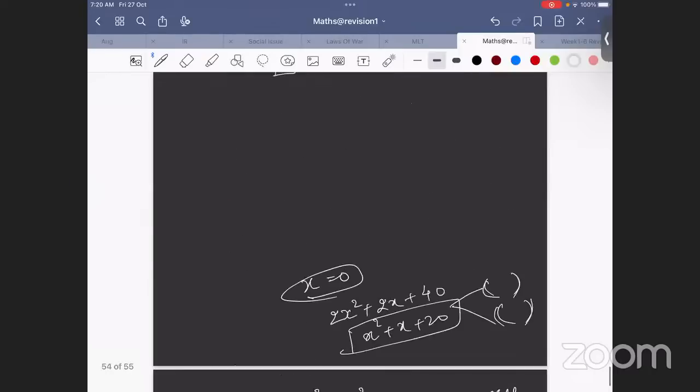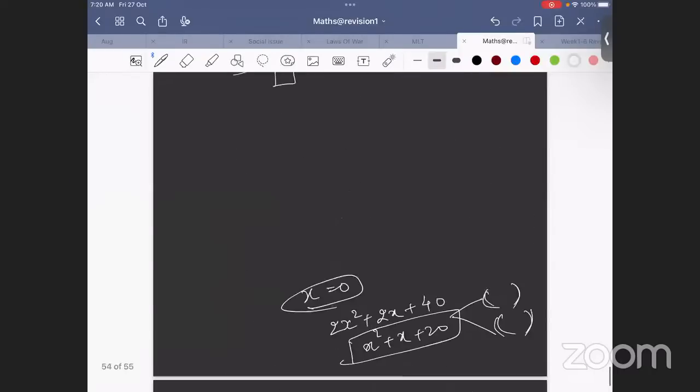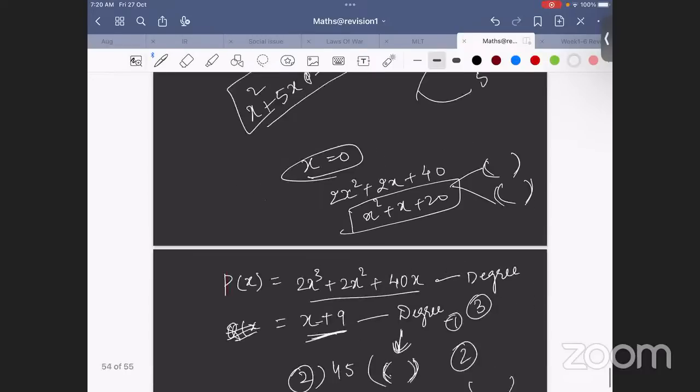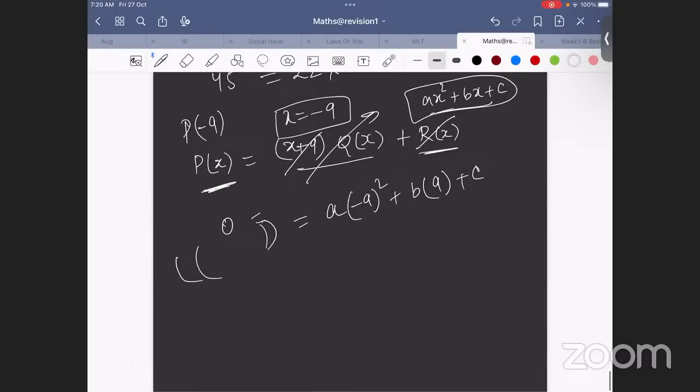What are the values that you're getting? Minus 9. 4 and 5, sir. 4 and 5. x square minus 5x plus 5x minus 4x. This is what you're getting. Yes. 4 minus 5.